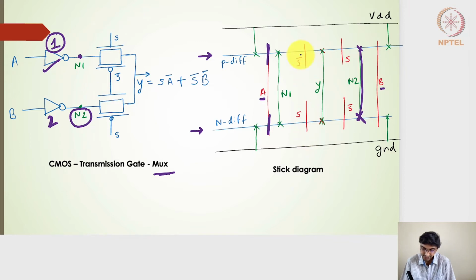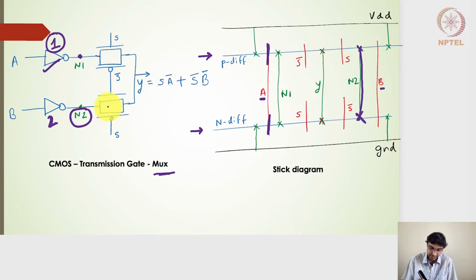So I have an S polysilicon gate and an S bar polysilicon gate, S bar on the P diffusion side and S on the N diffusion side. So once I have that, I know the diffusion side is N1 here. This is the N1 point, and on the other side is the Y point.